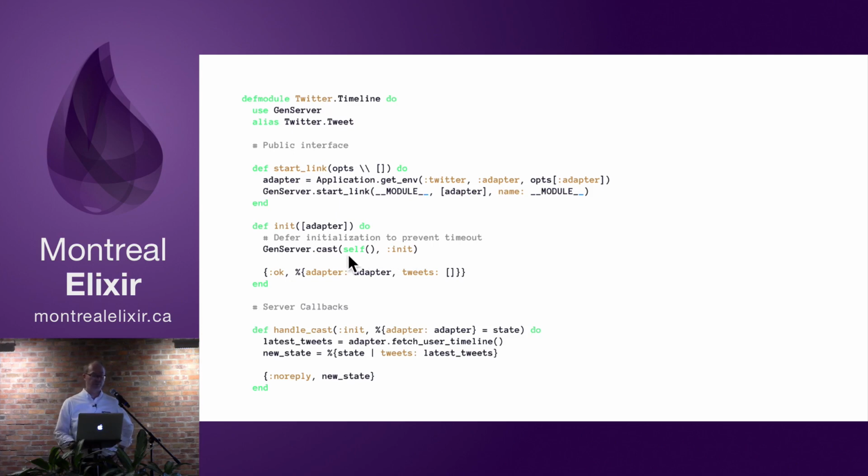There are a lot of 5-second timeouts in OTP, the BEAM. So just in case it would take some time to connect to Twitter, we're going to defer the initialization by sending to the GenServer an init message. And when the process gets the message, it will do its initialization. So it's basically fetching the user timeline from the adapter, and then it sets the state.